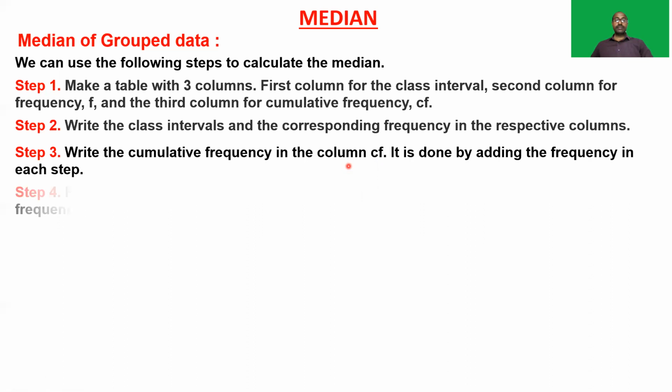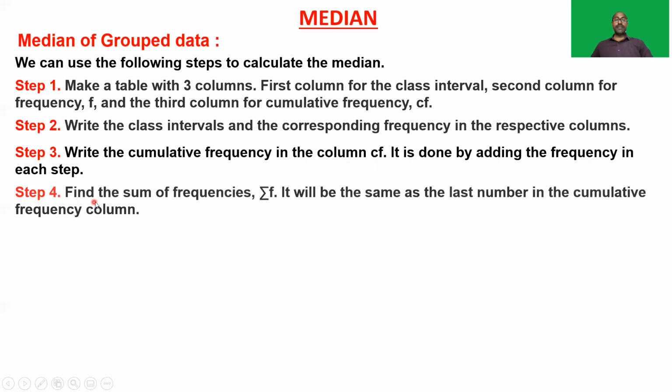And now the fourth step is find the sum of frequencies, that is sigma f, and we denote it by n also. It will be the same as the last number in the cumulative frequency column, because in cumulative frequency column we add the frequencies in each step.